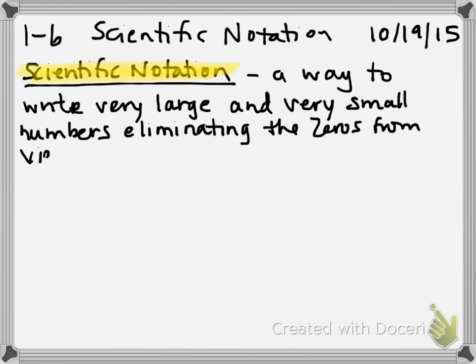That's the whole point, is we don't want to look at a whole bunch of zeros at the end of a number, and we don't want to look at a bunch of zeros between a decimal point and a number. So scientific notation lets us get those zeros out, okay?